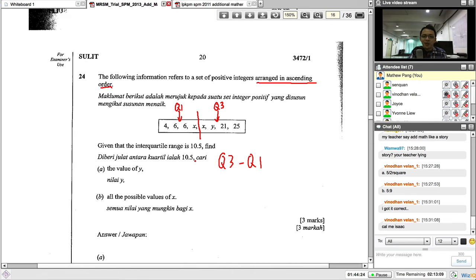So Q3 is 21 plus y over 2, minus Q1, equals 10.5.